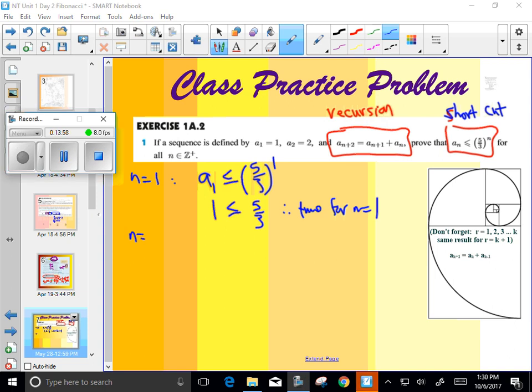So now we do n equal to r, where r is less than or equal to k.